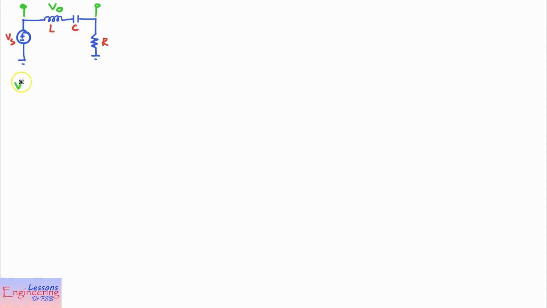The output voltage in this case will again be the source voltage multiplied by the ratio of the inductor and capacitor impedance over the total impedance. So that will be j omega L plus 1 over j omega C over the total impedance, that will be R plus j omega L plus 1 over j omega C.